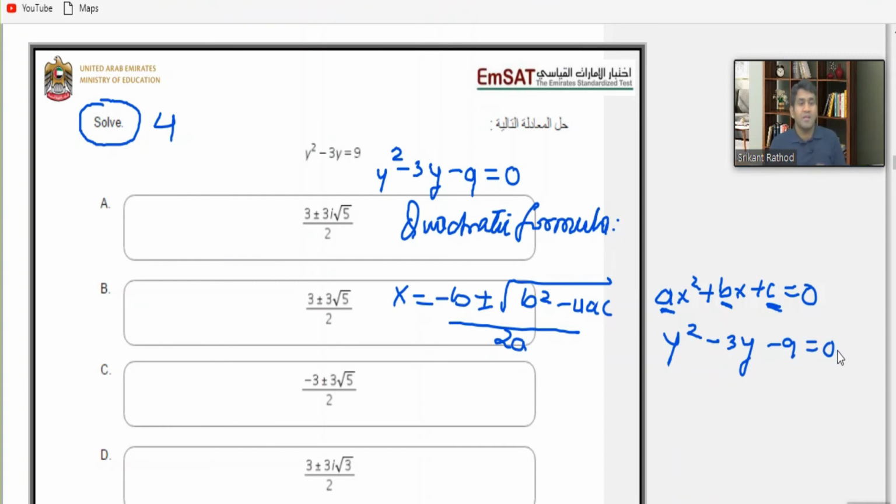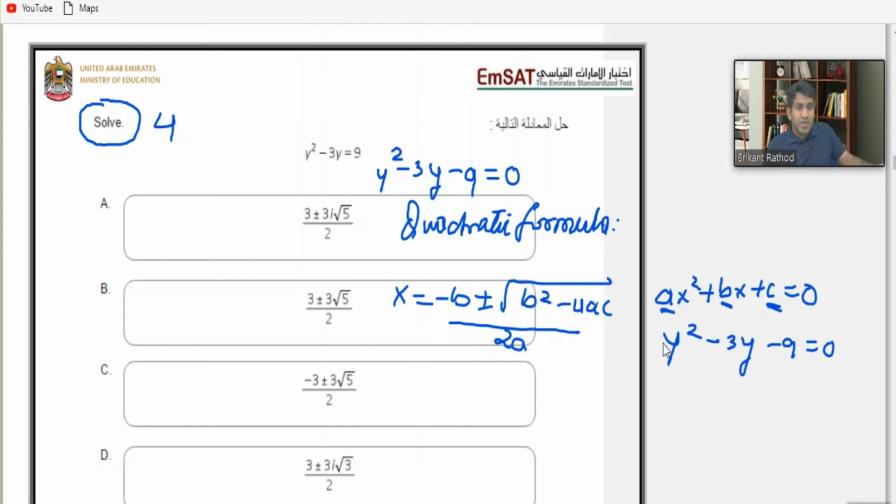Now you might get confused here. Here I am writing x squared, but here they have given y squared. x or y are just variables, I can use any variable, not only x or y. I can use m, I can use n, or another variable. You just need to look at the form. If it is in the standard form of the quadratic equation, then I can use the quadratic formula. So what is the coefficient of y squared here?